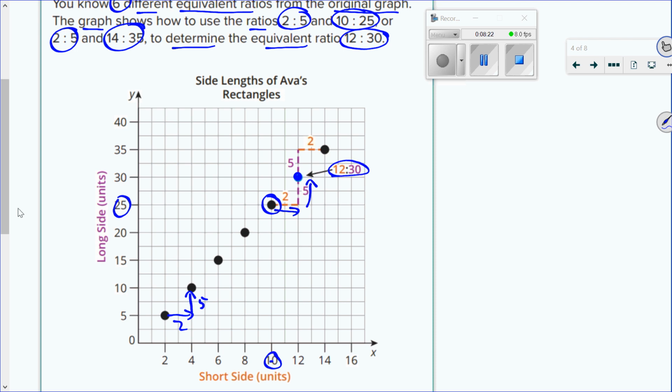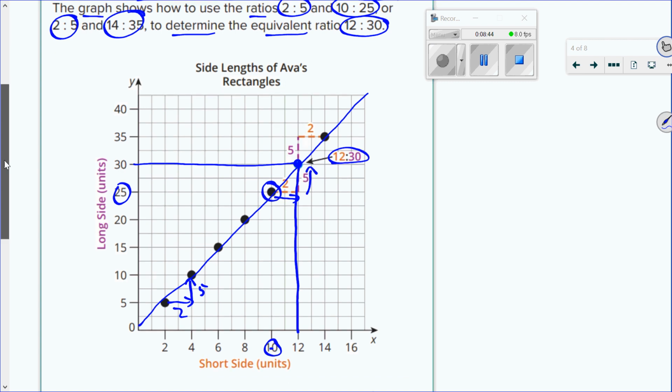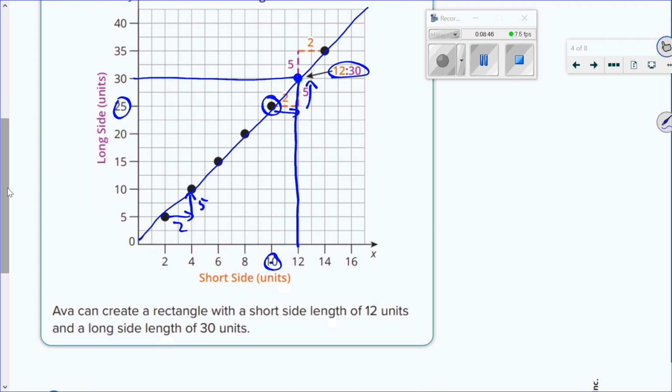So really what we've done is we've just taken the line that we had drawn through there and extended it and said, okay, once I get to 12, what is my y equivalent? Is this making sense so far? Everybody good? Not yet. Okay. So Ava could create a rectangle with a short side length of 12 and a long side length of 30.